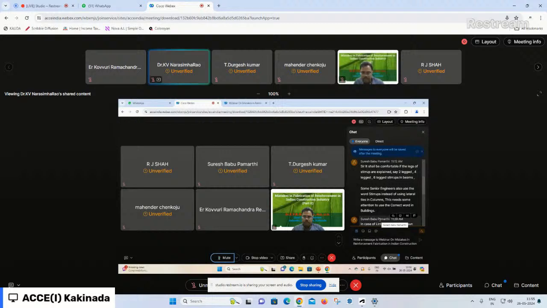Am I audible, sir? Fine. Regarding the lintel and the sunshade, the main problem that comes is with the lintel beam depth. Generally, the lintel beam depth is 6 inches to 8 inches, not more than that. Taking 8 inches into consideration, the important steel requirement is the development requirement from the face of the column, that is the face of the beam towards the outer side.